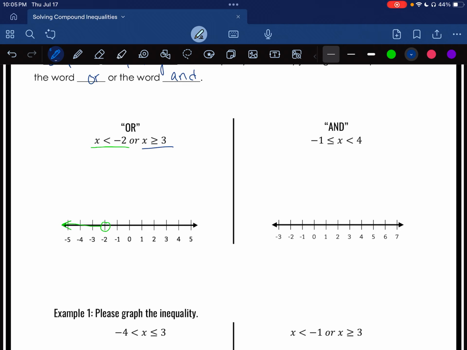All right, and then for X is greater than or equal to 3, we're going to put a closed circle at 3, and move to the right because it could also be bigger.